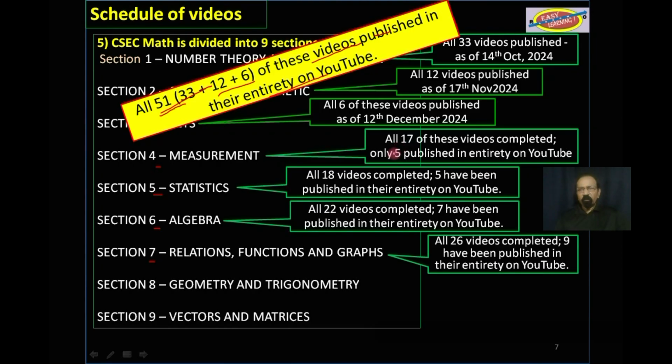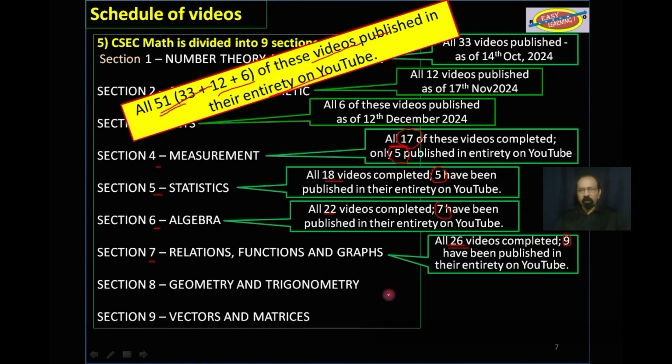From Section 4, 5 of the 17 videos have been published on YouTube in their entirety. From Section 5, 5 of those 18 videos have been published. From Section 6, 7 of 22 videos, and from Section 7, 9 of 26 videos have been published on YouTube in their entirety.